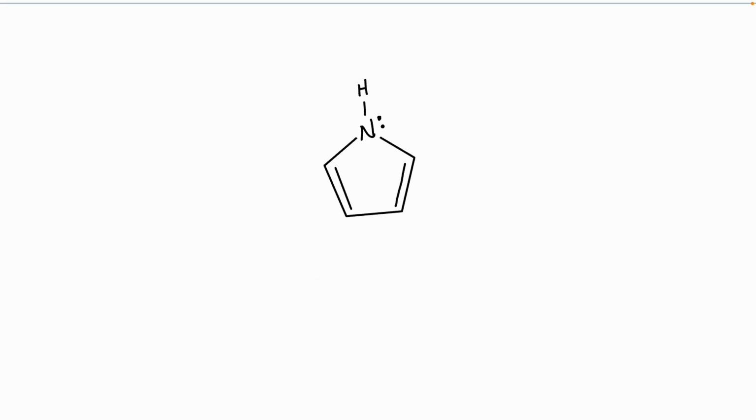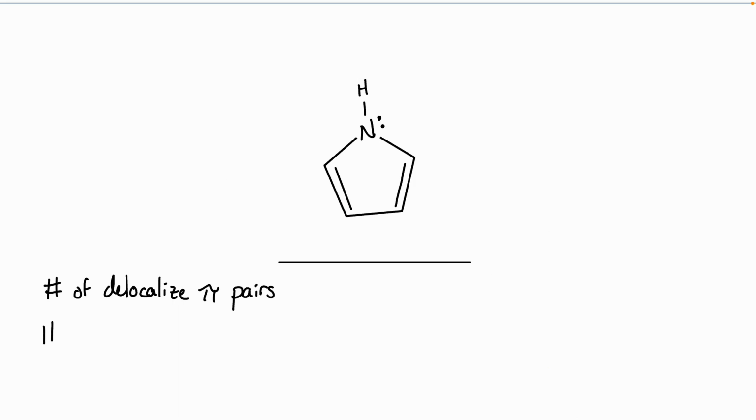Okay, so in addition to deciding whether this compound is aromatic, anti-aromatic, or non-aromatic, I can also ask you about the number of delocalized pi electron pairs, the number of localized lone pair electrons, and the number of delocalized lone pairs.